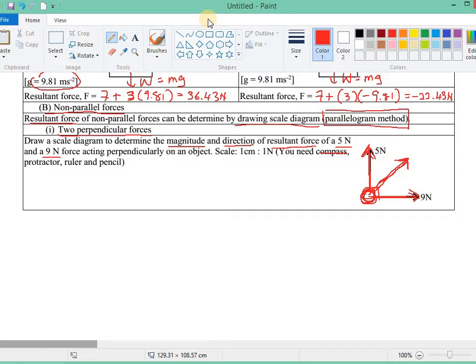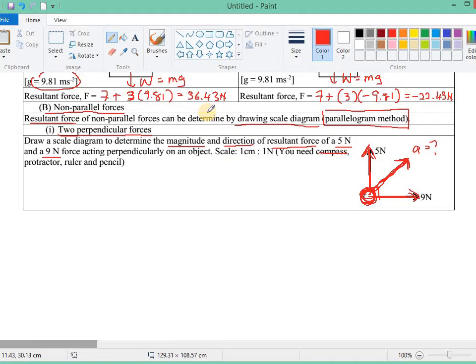Okay, so how do we find out how this object moves in this direction? What will be the acceleration? Because we have forces acting on this object, this object will definitely have acceleration.